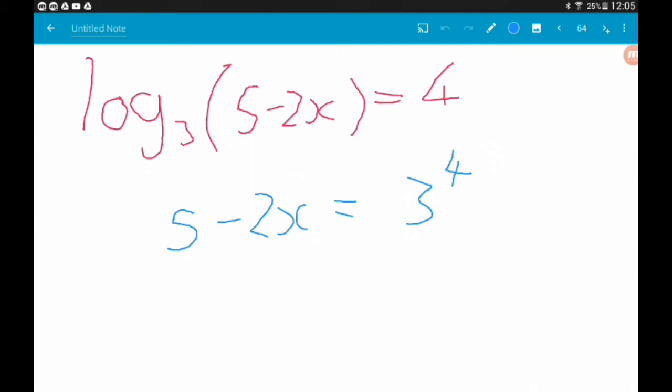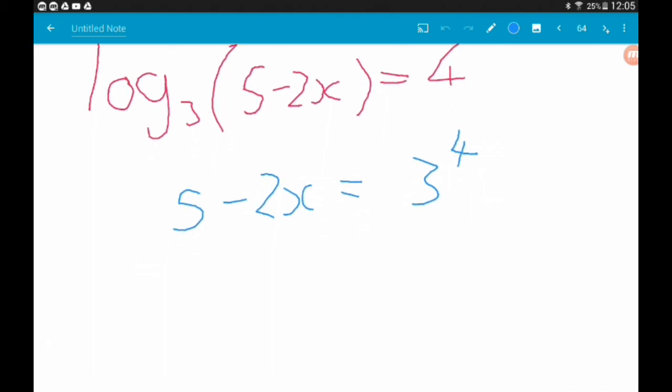Okay, so now we've got 5 minus 2x is equal to 3 to the power of 4. Now, if we add 2x and take away 3 to the power of 4, we get 5 minus 3 to the power of 4 is equal to 2x.